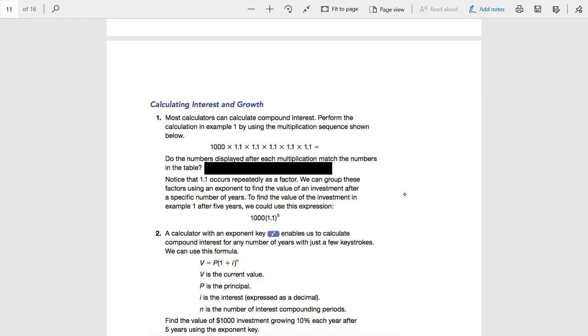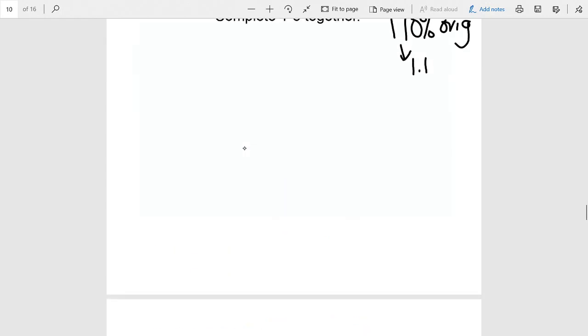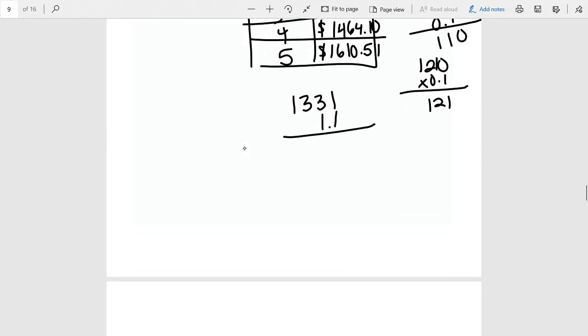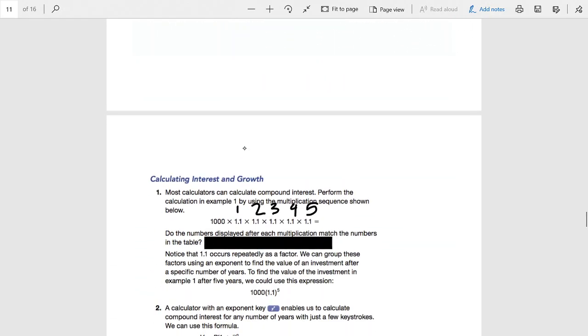So when we do that, we get to a number that matches exactly what we had above at the last time in our table, because what this is showing is just year 1, year 2, year 3, year 4, and year 5. So it should give us the same number as up here, which is $1,610.51.